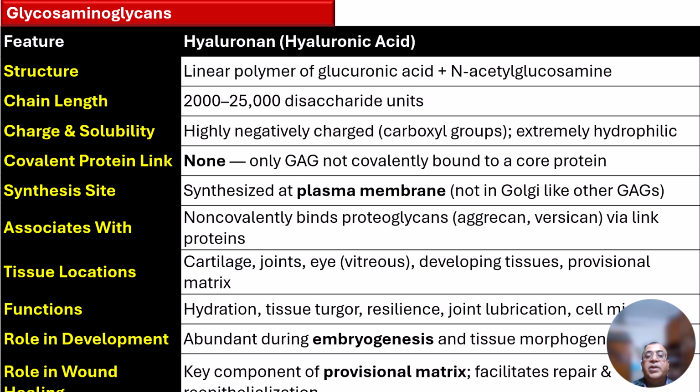Hyaluronan or hyaluronic acid is the only glycosaminoglycan that is not covalently linked to a protein. There is no covalent binding in this.